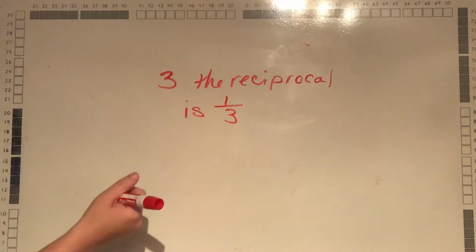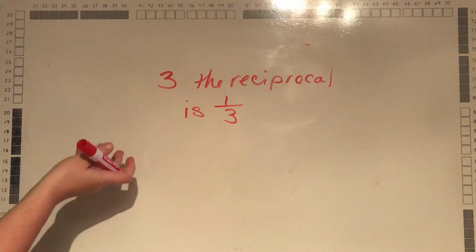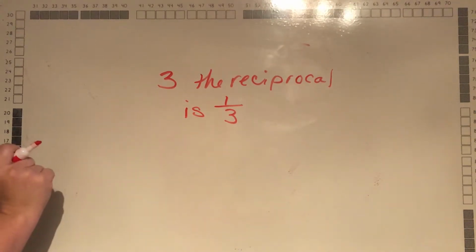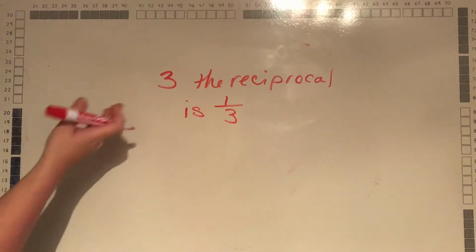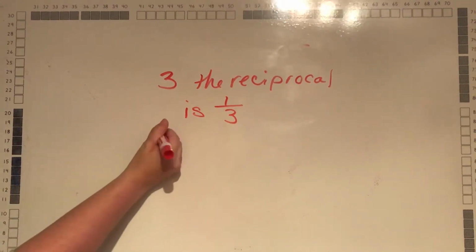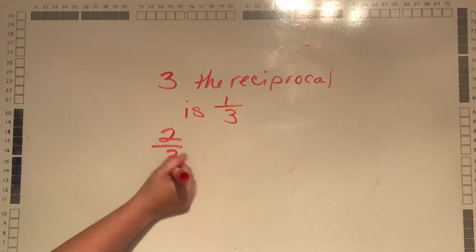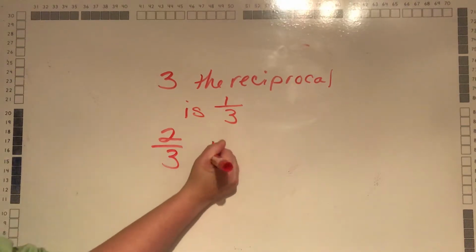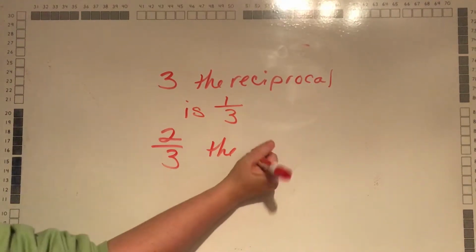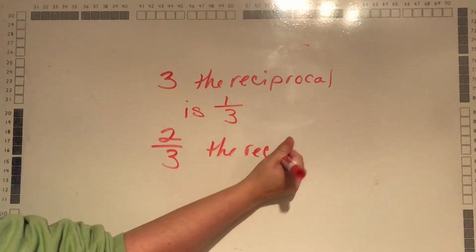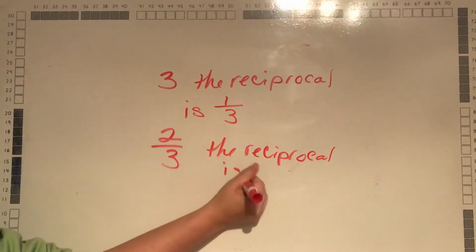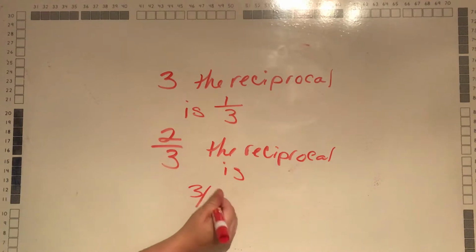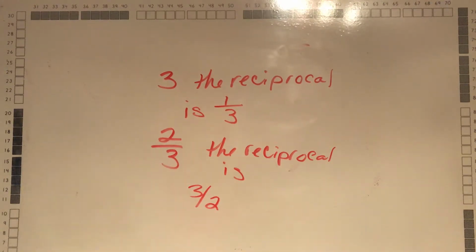So the reciprocal is just the fraction flipped upside down. If we did that with another number that's not just a whole number, like say 2/3, the reciprocal of 2/3 is 3 over 2, 3 halves.